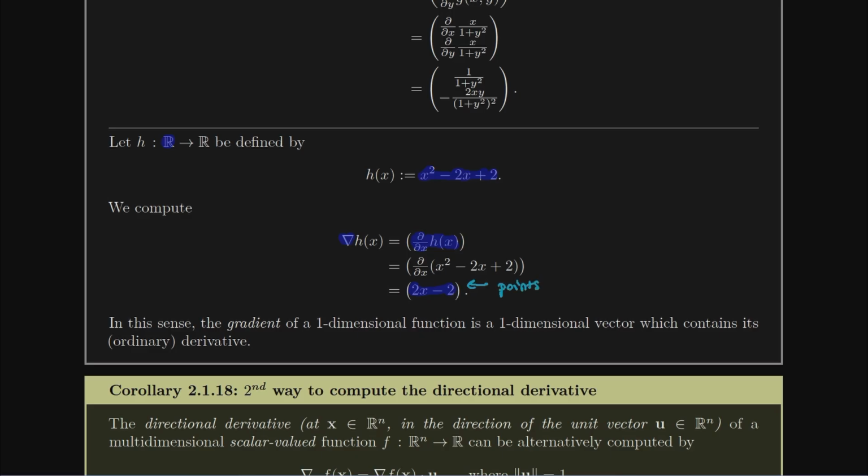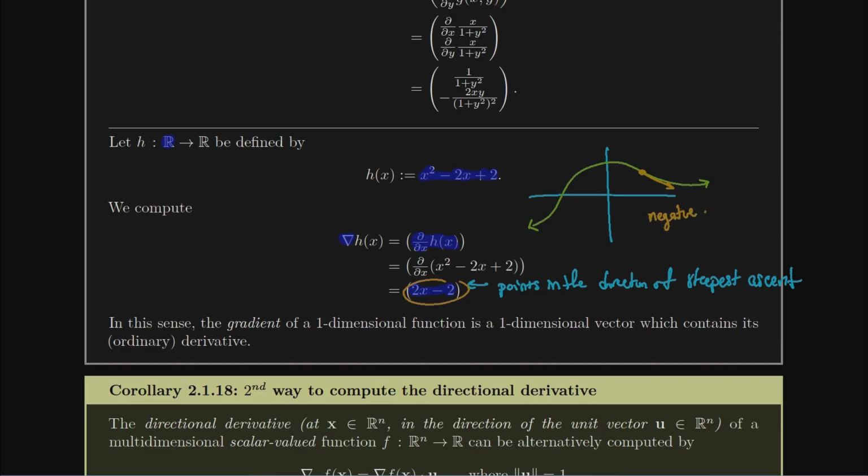This always points in the direction of steepest ascent. I hope you can believe me why. So let's take just an arbitrary function here. There's my arbitrary function. If I'm standing somewhere that the derivative happens to be negative, if my slope is negative, that means that this output would be negative, which means that the negative direction is steepest ascent, right?